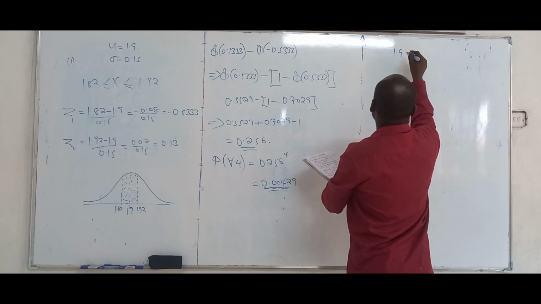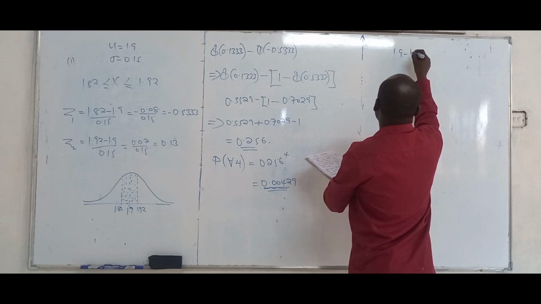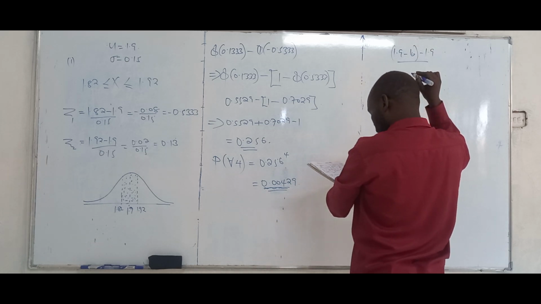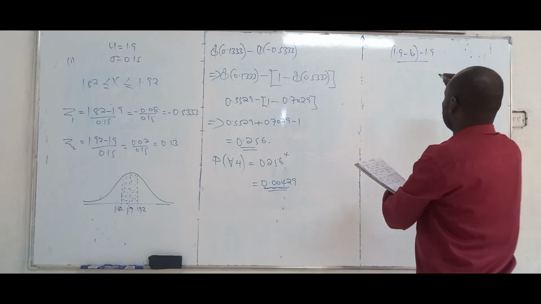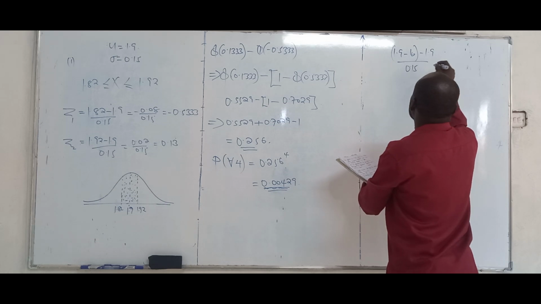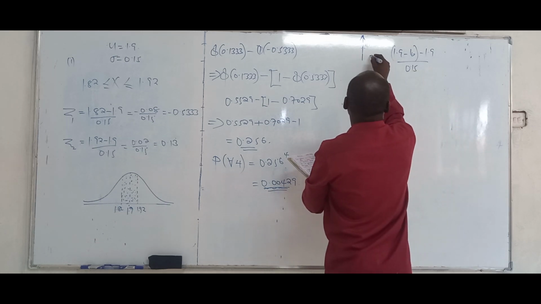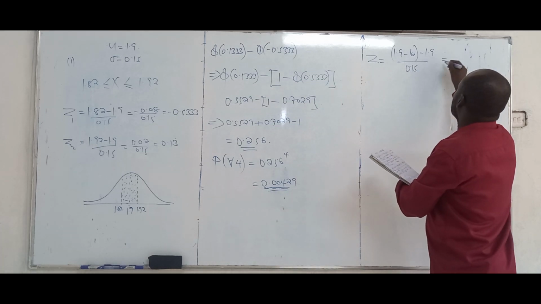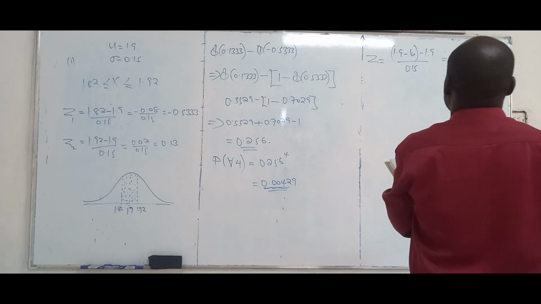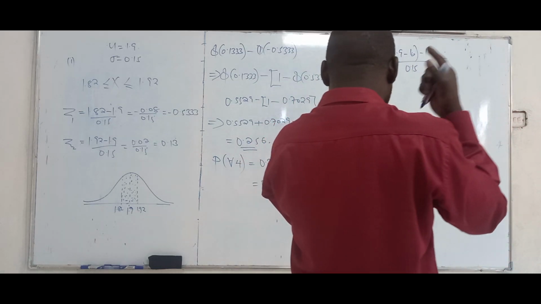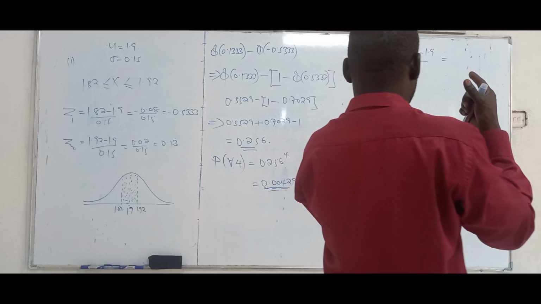1.9 minus B minus 1.9 all over the standard deviation, which is 0.15, is equal to, we are told that 80% of tires are within this safety limit.